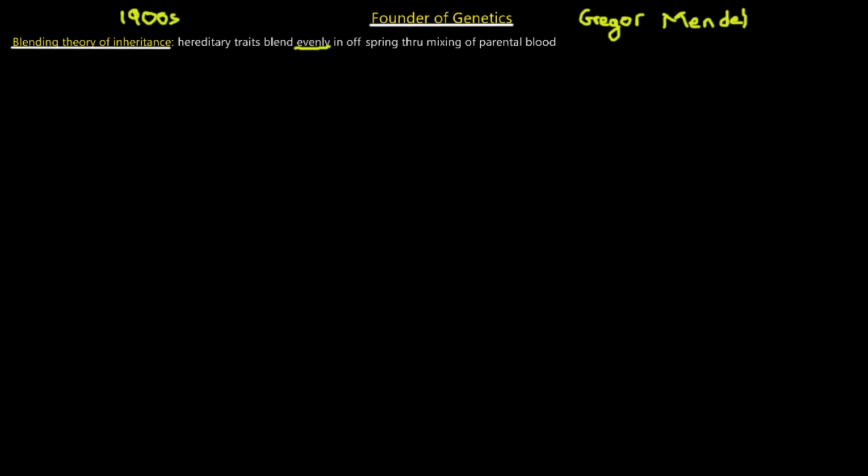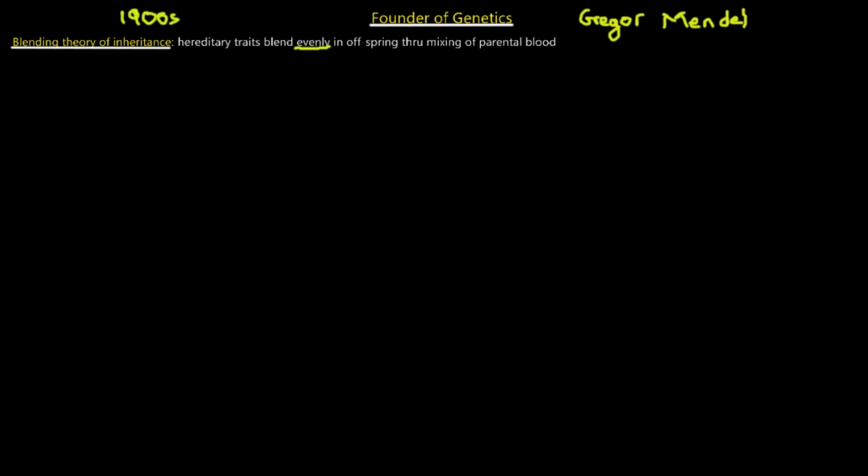Most of the genes are not blended evenly. There are dominant and recessive genes, and this was discovered by the founder of genetics, Gregor Mendel.